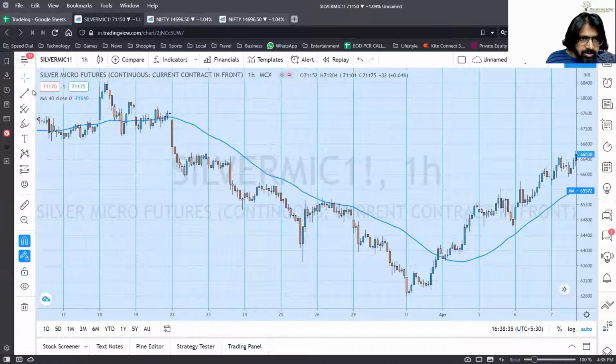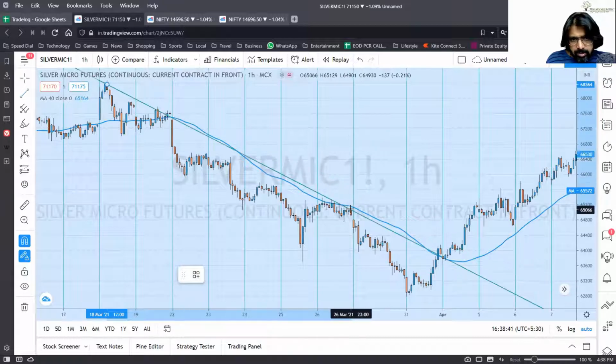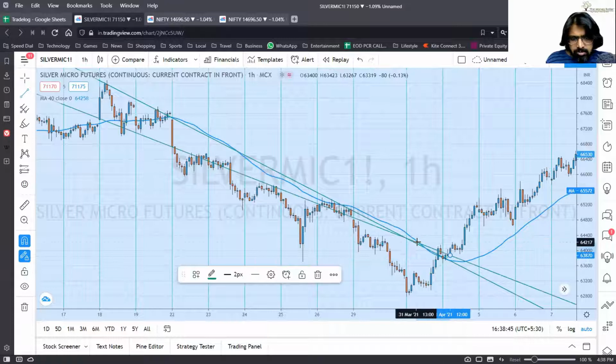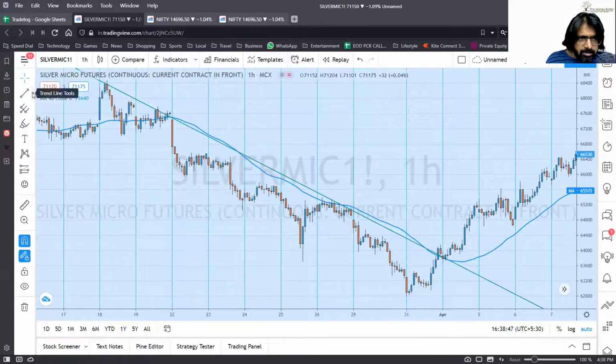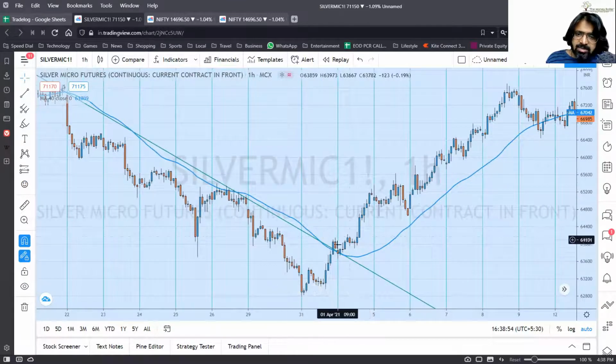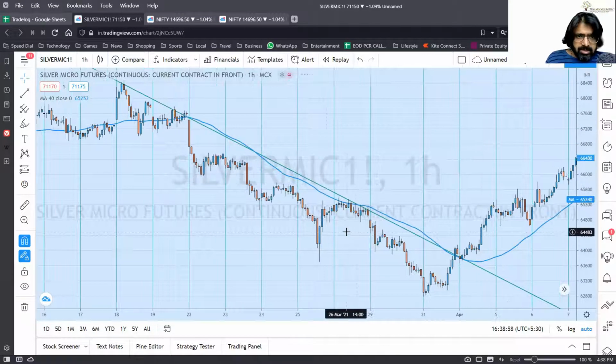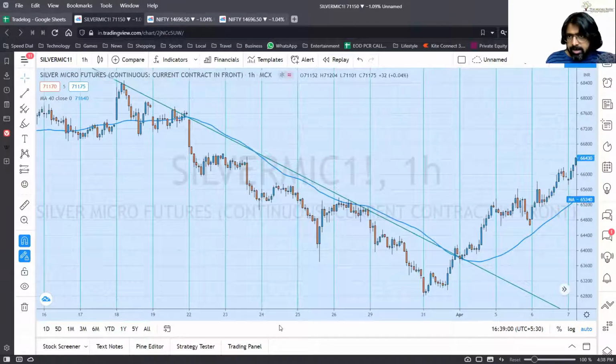Here also is the same thing on the silver hourly chart. I've got this really nice trend line going here for me. And here, almost at the same price, I had this trend line getting breached and the price crossing above the moving average. So you see guys, this is a very simple trading strategy.